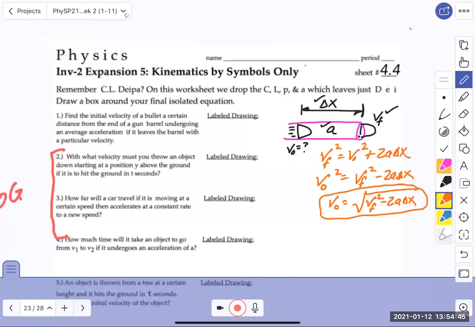You're a monkey plugging numbers into a formula. You don't understand what you're doing. This is forcing you to understand the symbols, not just plug numbers into a prescribed formula. That's called cookie cutter physics. And that's not good. I'm not saying I don't do it sometimes, but you know.